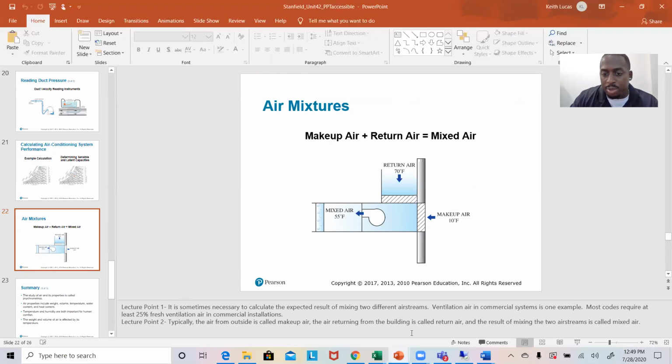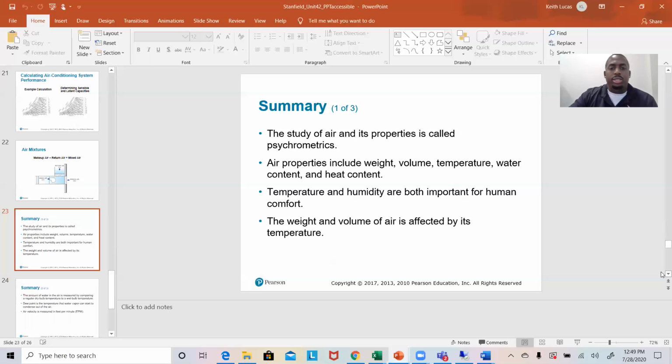The air returning from the building is called the return air. And the result of mixing the two air streams is called mixed air. So in summary, the study of air and its properties is called psychrometrics. Air properties include weight, volume, temperature, water content, and heat content.